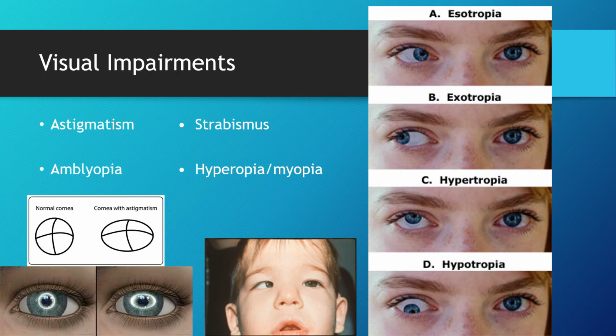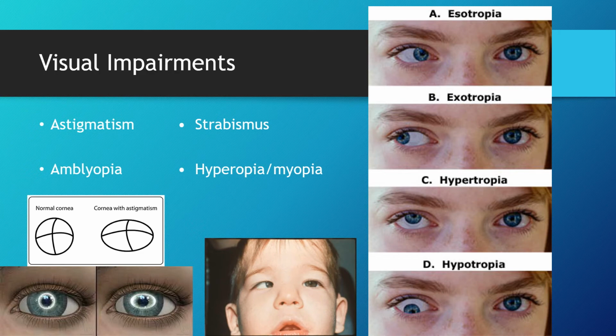Some common visual disorders include refractive errors, and these are our hyperopia, our farsighted disorders, or myopia, or nearsighted disorders. Astigmatism is that uneven curvature of the cornea, so unequal curvature of the eye, treated with a special lens or laser surgery.